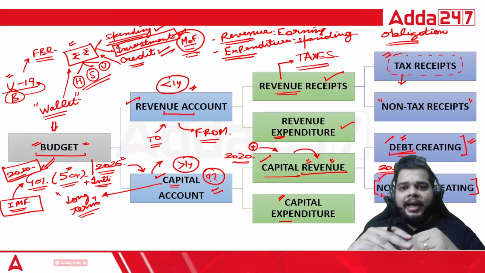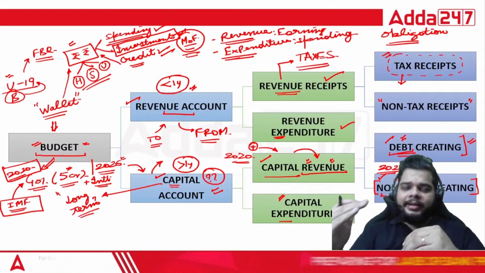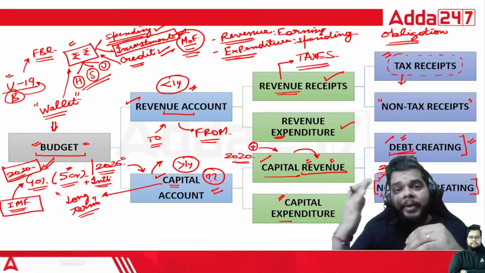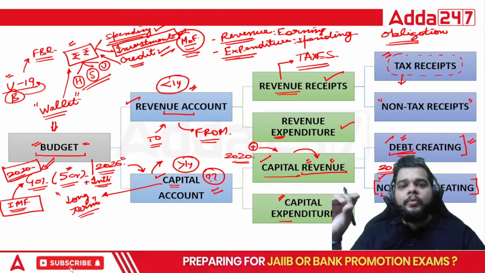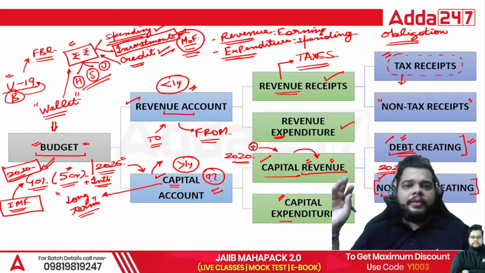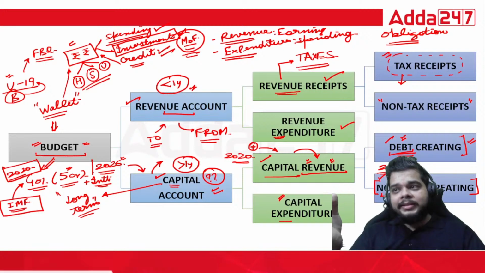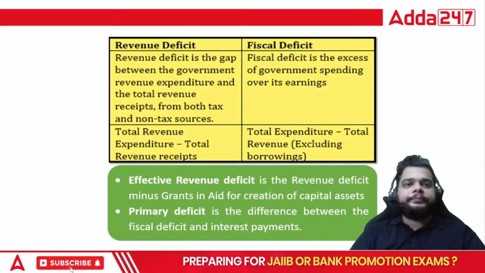Capital account has capital revenue, under which we have two categories: debt creating and non debt creating. Debt creating, against which the government has to repay interest as well as the principal amount. Non debt creating, no need to serve any kind of loan. The capital account also has the expenditure part, which is known as the capital expenditure.